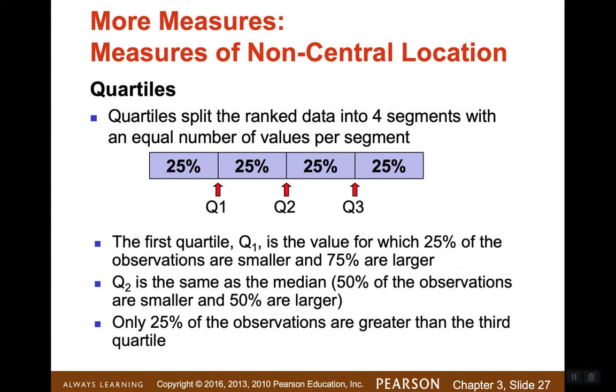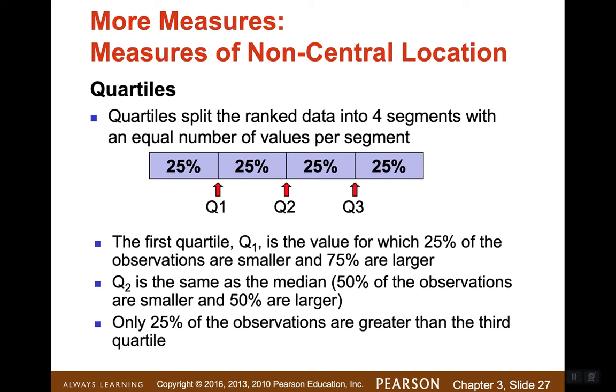So let's look at some more measures. There are other measures we've developed which give us some sense of what a non-central distribution of data would look like. So there's something we'll call quartiles.